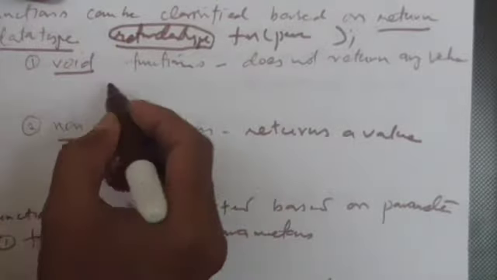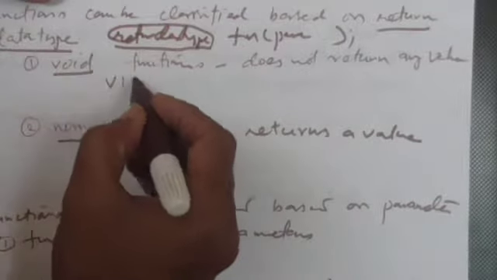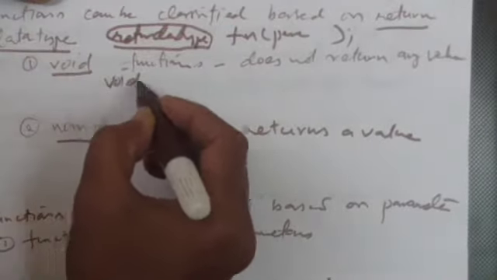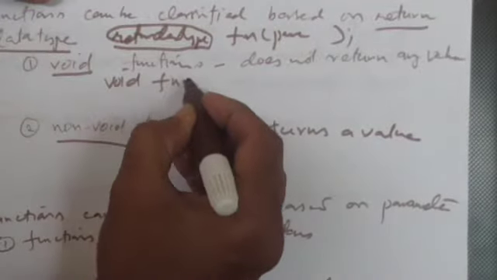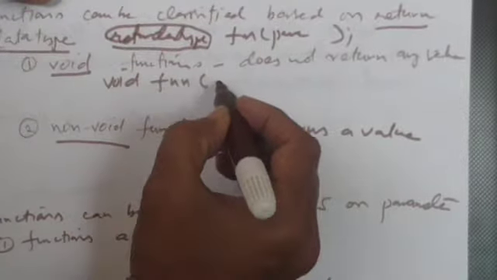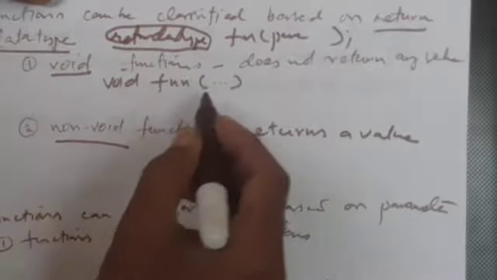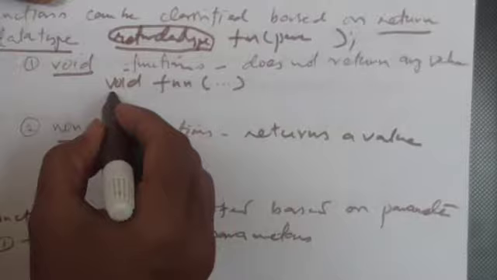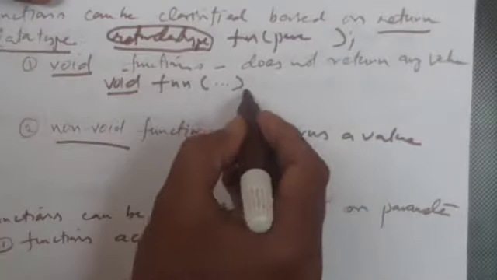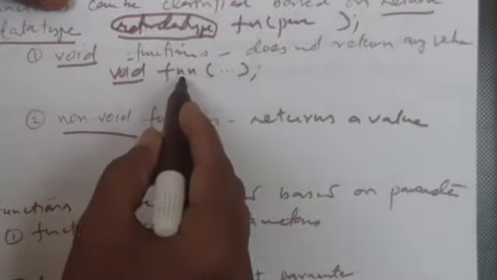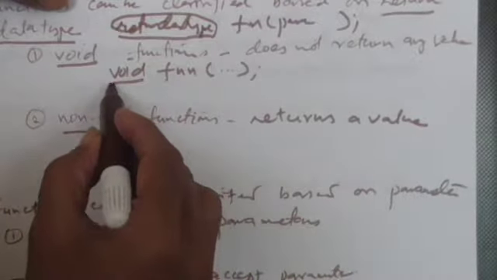For example, if I write void fun, with some parameters or no parameters, our attention is on the return type. By looking at this function, you can clearly say that it is a void function. It does not return any value.